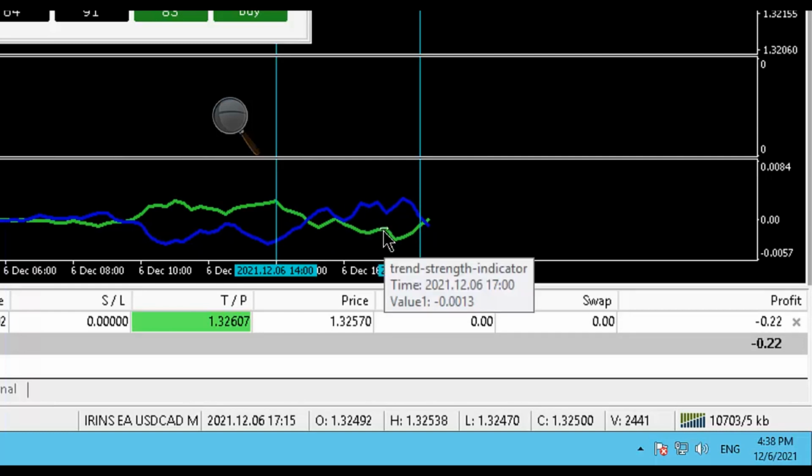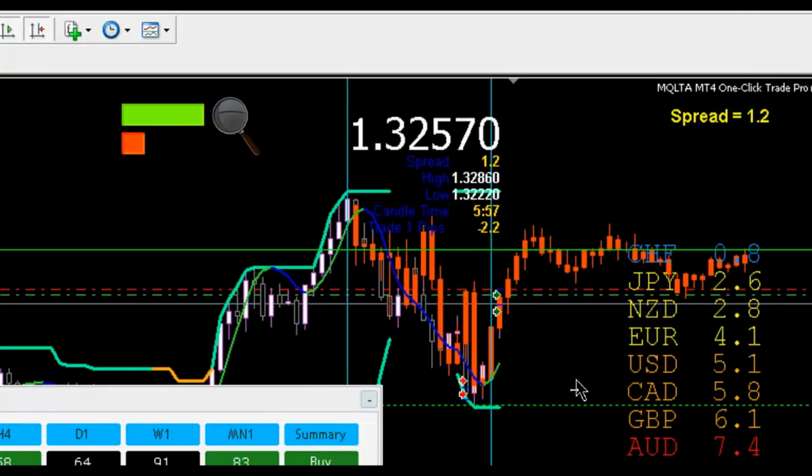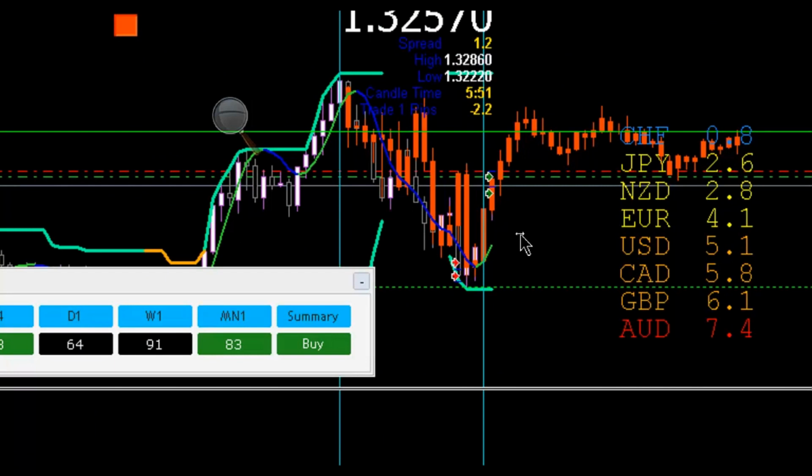That is not too good. So you look for that, and obviously you look for the currency signs to make sure that it's not in a neutral situation, like I pointed out a moment ago.